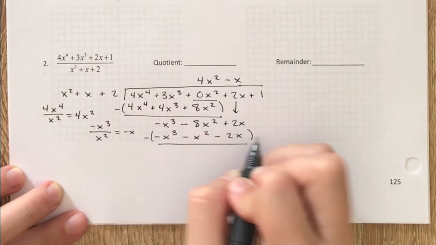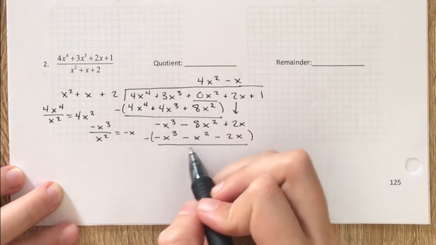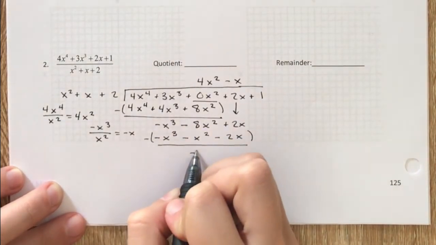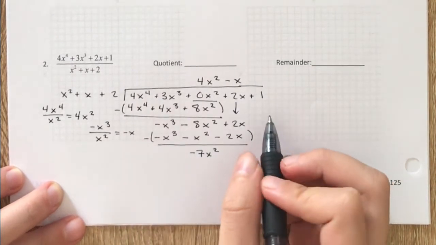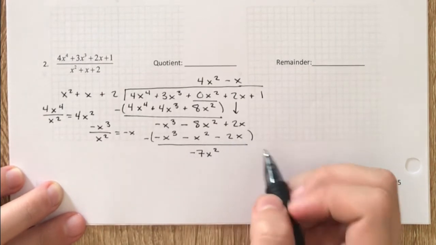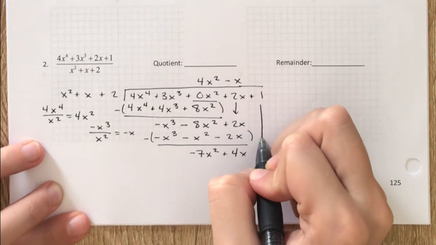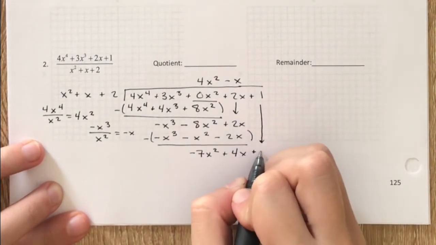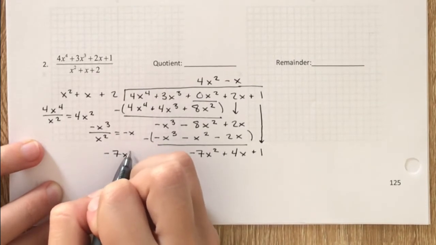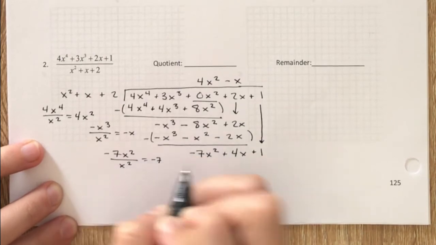I subtract all this. These cancel. I have negative 8x squared minus a negative x squared, so plus x squared, so negative 7x squared. And then 2x minus negative 2x, or plus 2x, is plus 4x. I bring down my last term here. Negative 7x squared divided by x squared gives me negative 7.